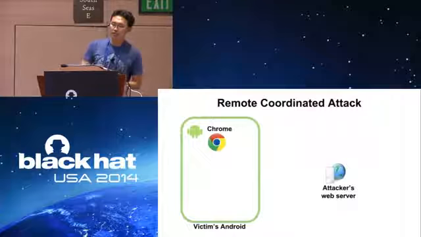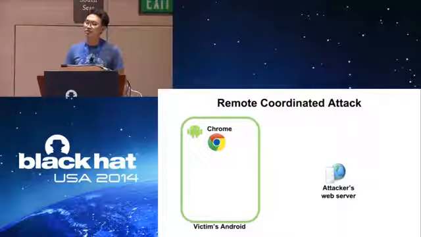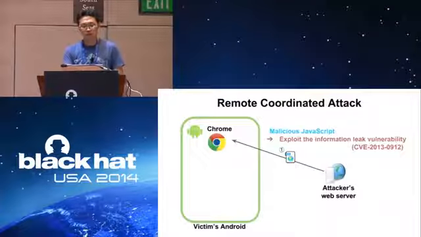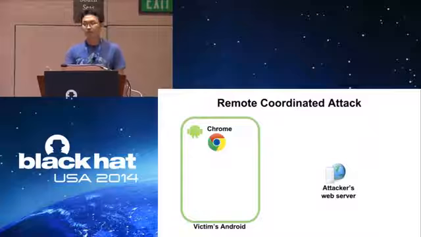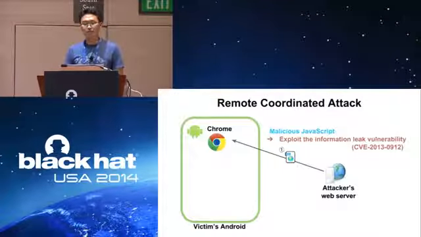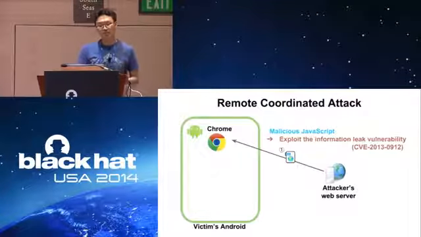Here's how the remote coordinated attack actually works. In this diagram, we assume that the victim is running Chrome and the attacker is running a web server, and that the victim visited the attacker's web server. The attacker's web server serves a malicious JavaScript file, which exploits the information leak vulnerability.